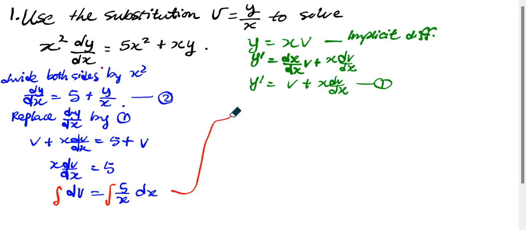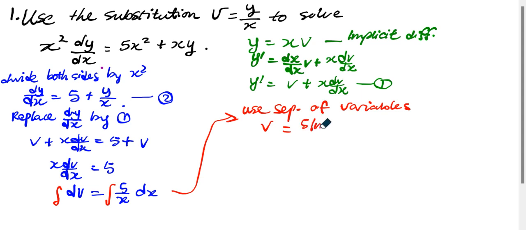All right. Use separation of variables to obtain v equal to 5 natural log of x plus constant. In this case, I'm going to write natural log of a constant c because this is still a constant. By doing so, I can combine them together.